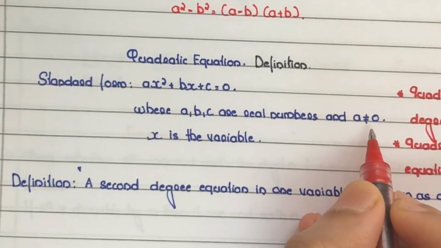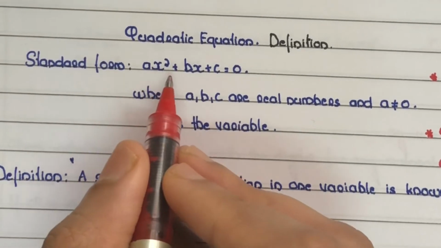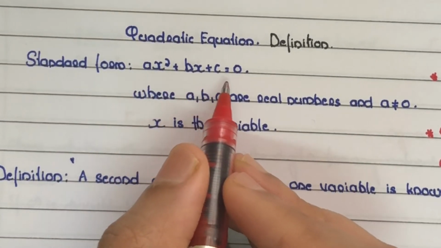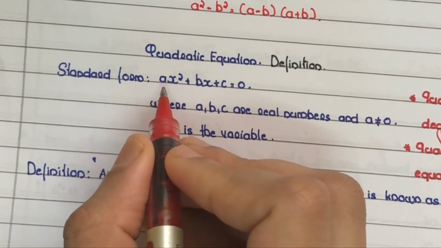Why this condition? We know that the standard form is ax² + bx + c = 0. Now we can see what will happen if a is equal to 0.